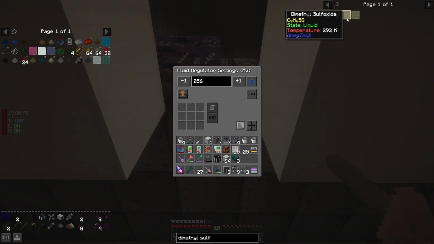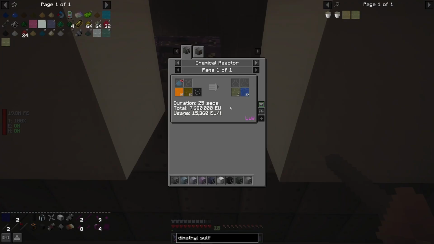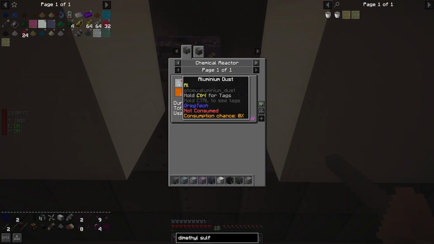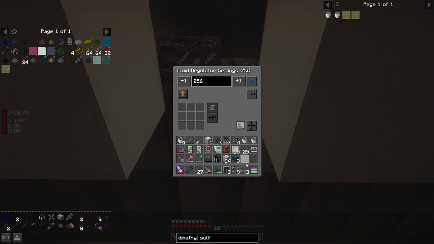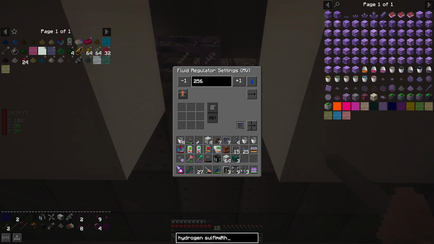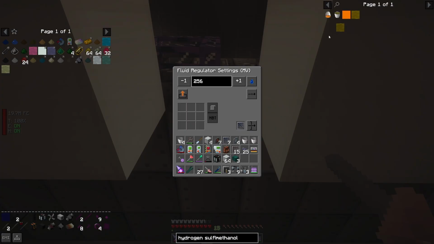Oh, I did actually. We're going to need aluminum dust, not a big deal, some hydrogen sulfide and two parts methanol. So in you go. Keep exact. Rewind time.